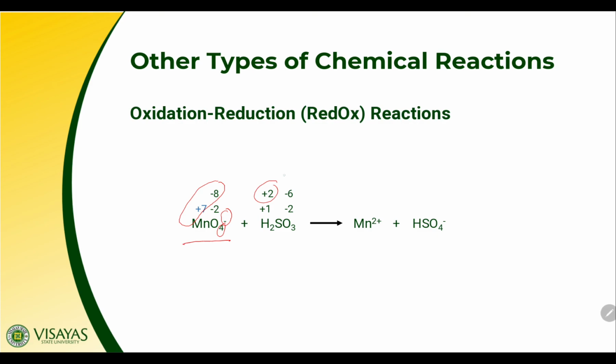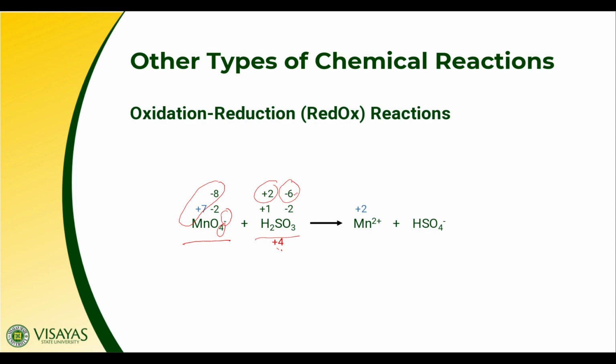Since sulfurous acid is a neutral compound, when we add the oxidation numbers of all the atoms in here, we should get 0. So what should be the oxidation number for sulfur? It should be positive 4, because when we add 2 and 4, we get 6, minus 6, we have 0. So the oxidation number of sulfur should be 4.